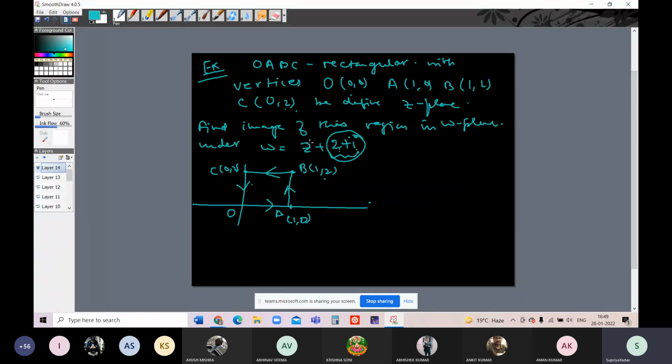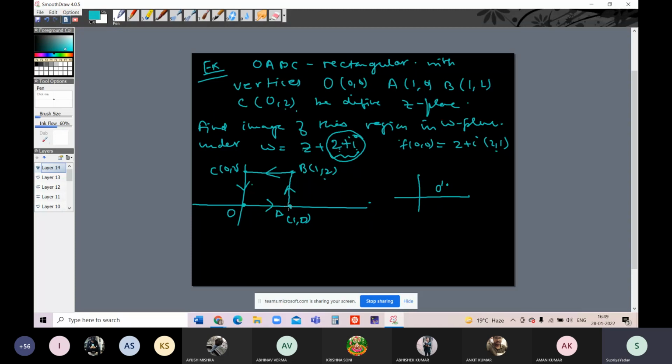Under this map, 0, 0 will be translated to the position 2 plus i. When we are substituting in place of z equals 0, w will be the image of this z. Image of this 0 under this w will be 2 plus i. 2 plus i means the point 2, 1. So this point O will be transferred to 2, 1. 2 distance and 1. So this will be O dash.